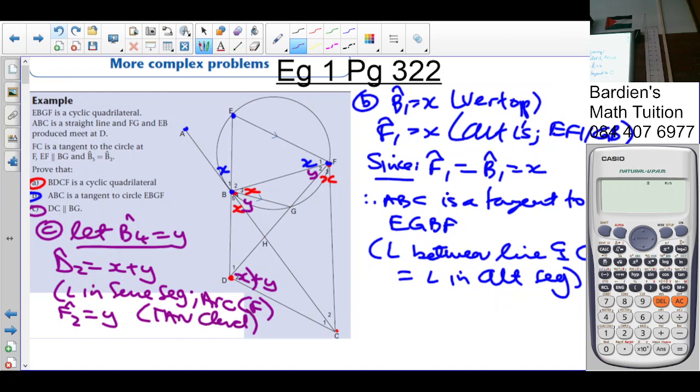Alright. So now do you see that that angle is equal to this angle? You see that, people? So we state the obvious.